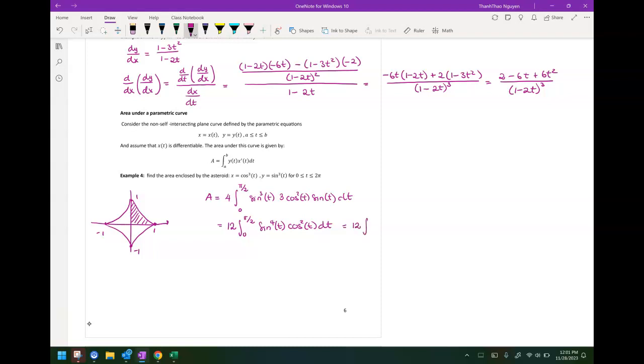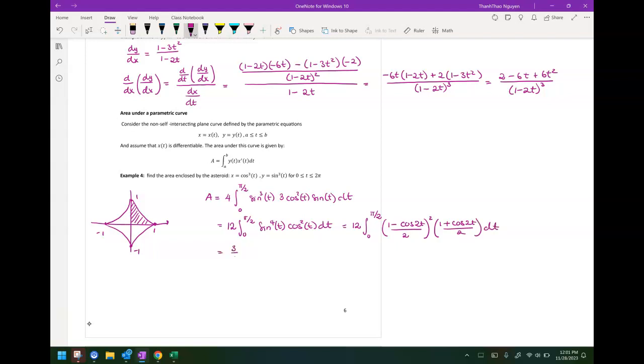So 12 from 0 to pi over 2, of 1 minus cosine 2t divided by 2, squared, times 1 plus cosine 2t divided by 2, dt.